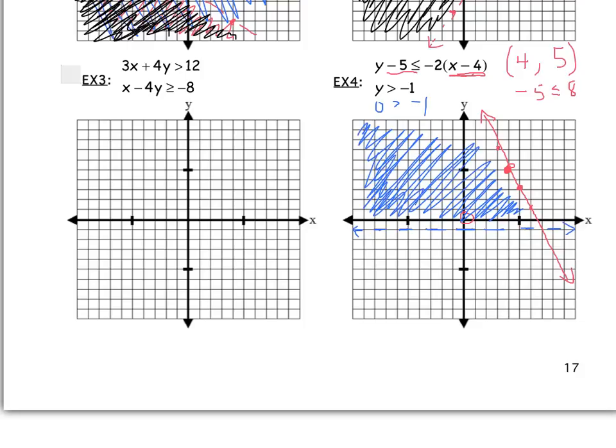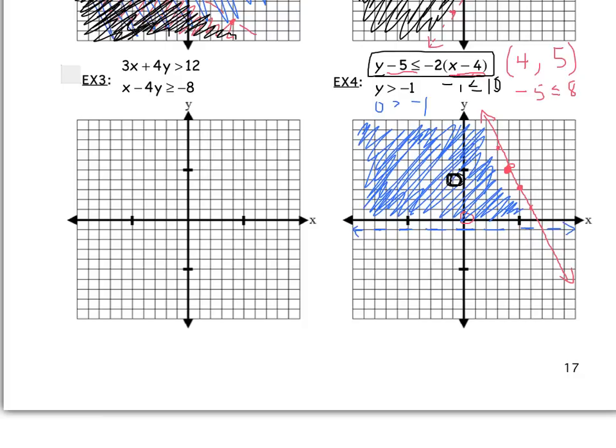Okay, any point in this region will work for both inequalities. And just to show what I mean by that, if I were to choose the point, say, negative 1, 4 here, if I were to plug in a negative 1 for x in my first inequality and a 4 for my y, I would end up with a negative 1 is less than or equal to a 10.